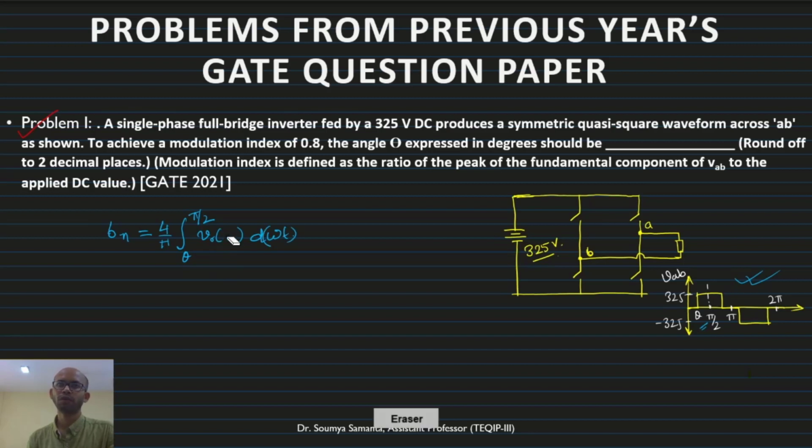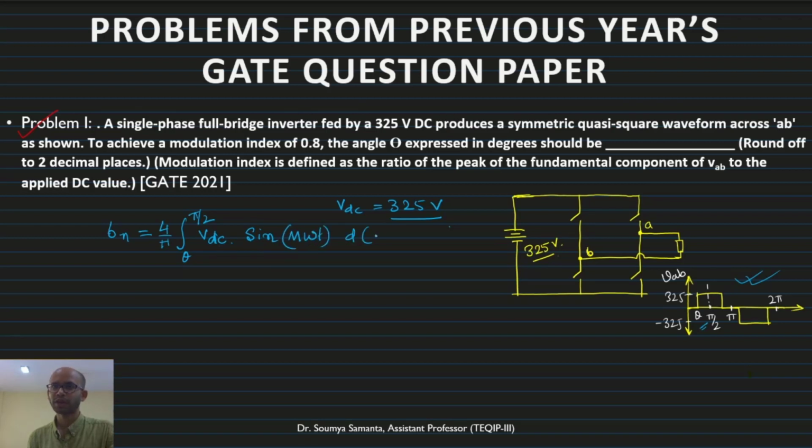Now instead of VO, I will write VDC. What is VDC here? VDC is 325 volt, not 320, sorry. So this is VDC into sin n omega t.